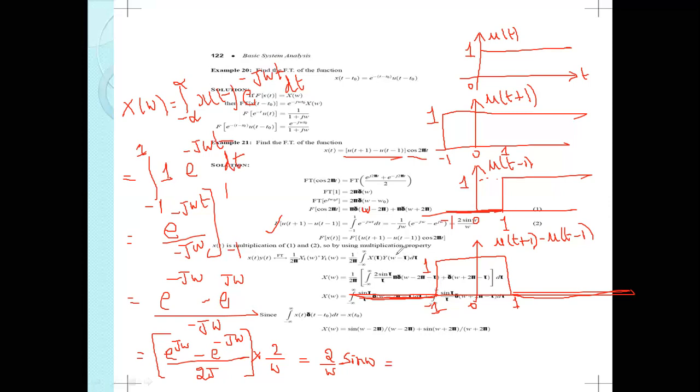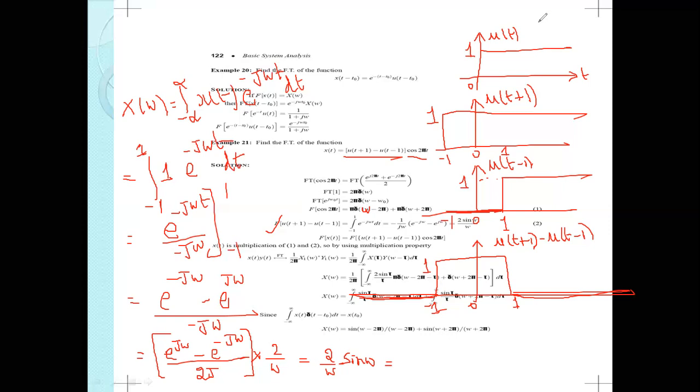And wherever Y1 of omega is there, we substitute omega minus tau. Wherever the omega is there, you can substitute omega minus tau, and the 2 pi is already there.